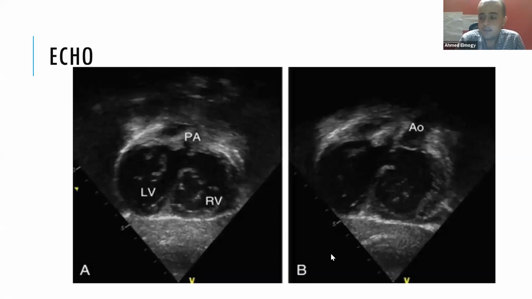In short axis at the ventricular level, we'll see the morphologic right ventricle with the septal attachment of the tricuspid valve on the left side, and the left ventricle on the right side, giving rise to their great vessels, which can be differentiated by the branching of the pulmonary artery or the arching of the aorta accordingly.